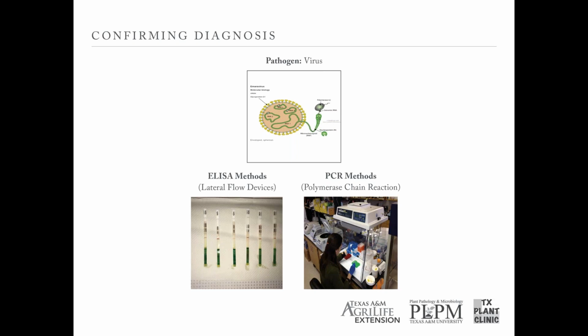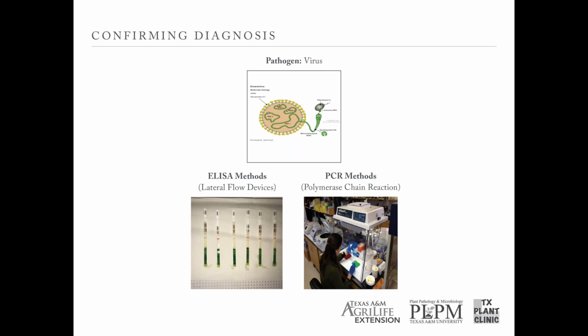Just to be clear, we don't have this tool yet for rose rosette. A couple of folks in the research group are working on that. We hope to have that real soon, sometime this year. But at this point, we do not have a lateral flow device detection tool that's available on the market.